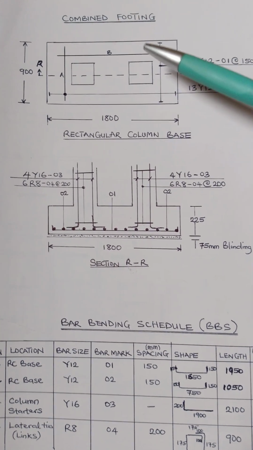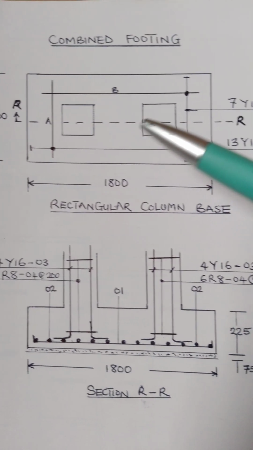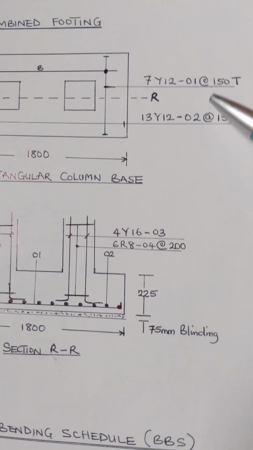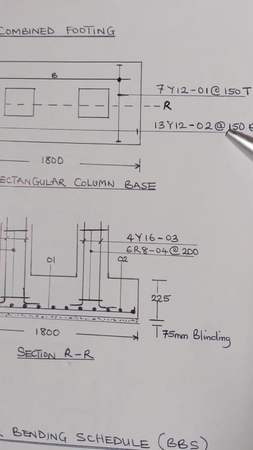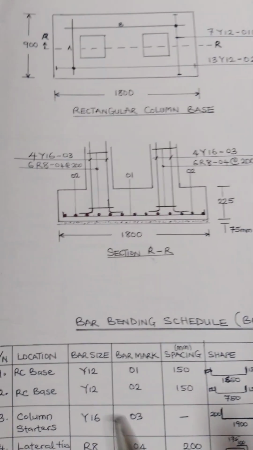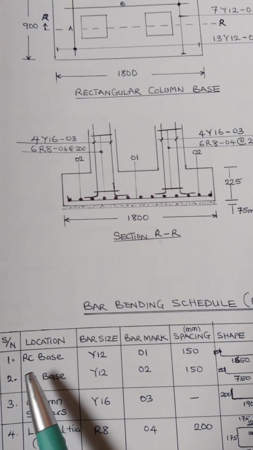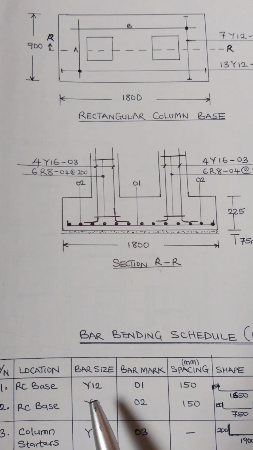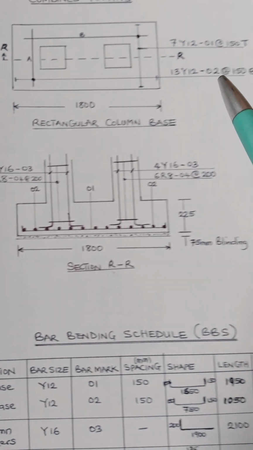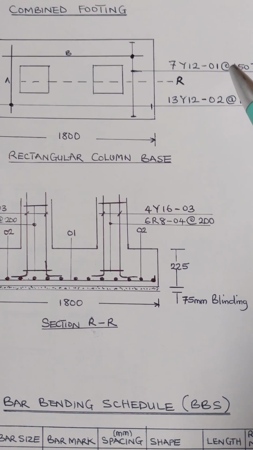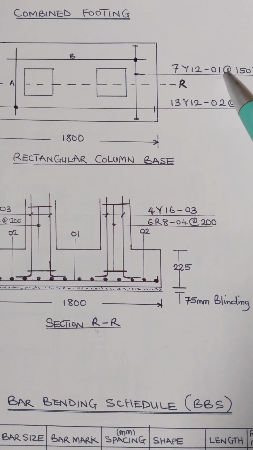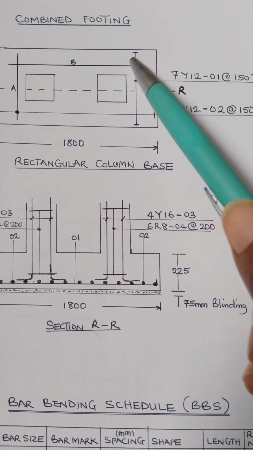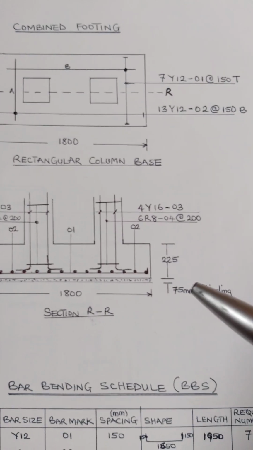For the base now we have this information. For the base we have this for the top, we have this for the bottom. The first we have here is serial number 1. We have the base, then we are looking at the first reinforcement, and we are trying to present this particular reinforcement in the bar bending schedule.